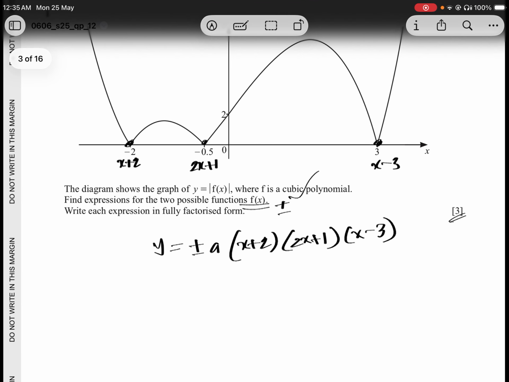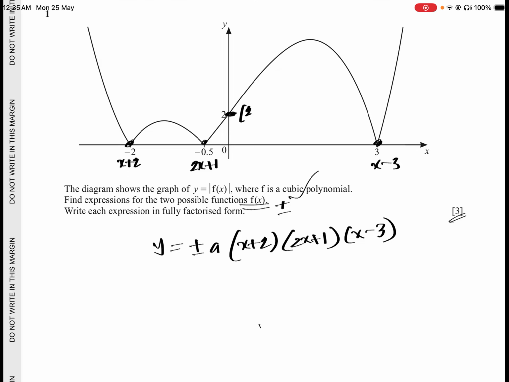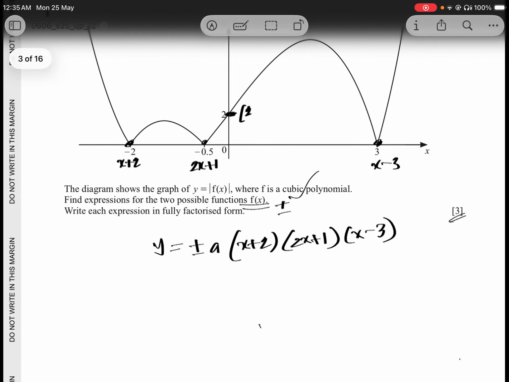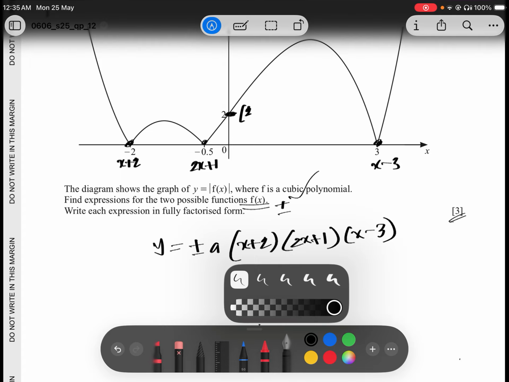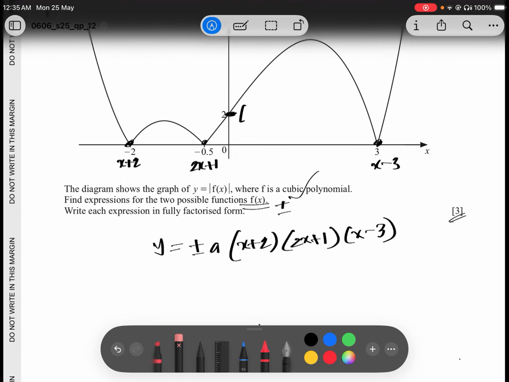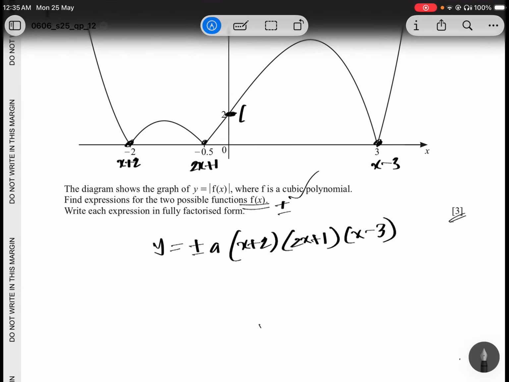Now I have to find out the value of a, and for the value of a I'll use the y-axis point 0, 2.